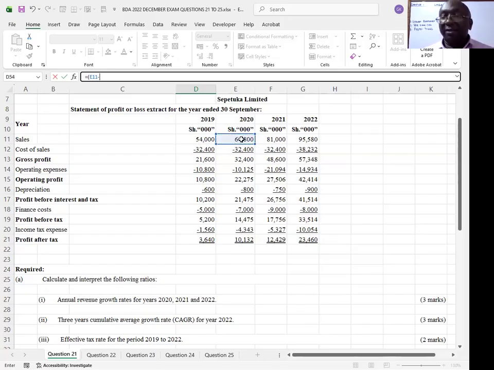You minus the revenue for 2019, that is the current value, or the old value. Close the brackets, then you divide by the revenue for 2019.